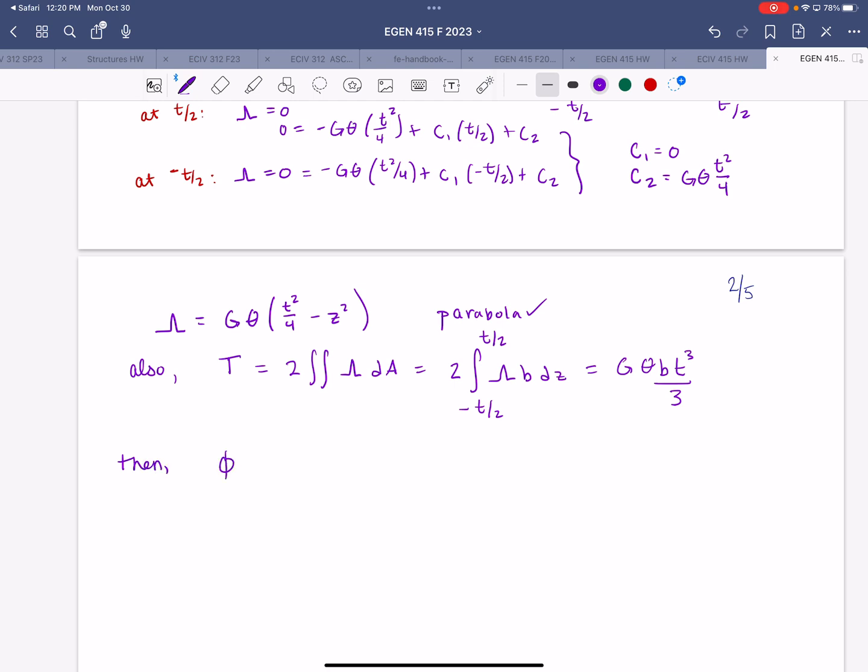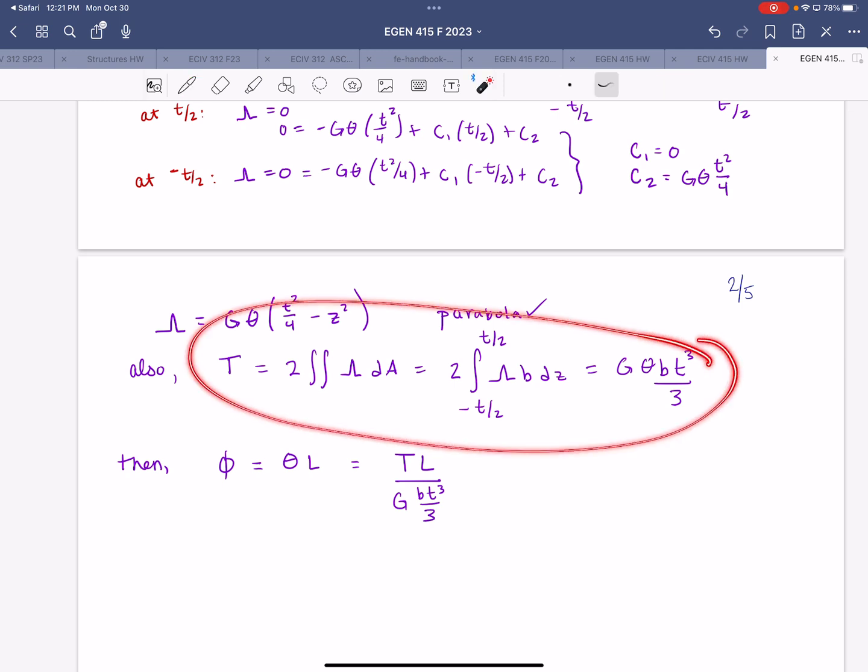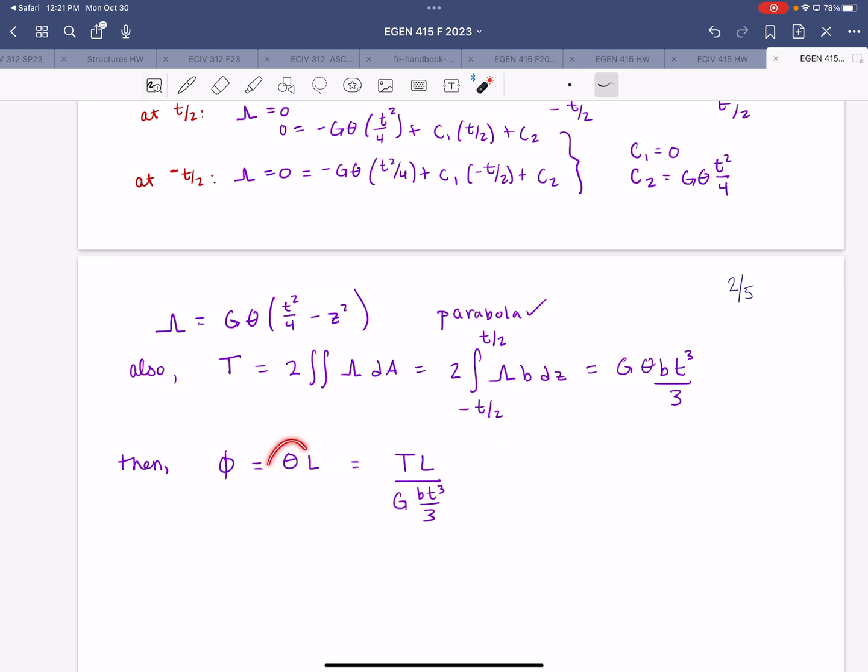So then we can relate our total angle of twist phi to the torque. So phi is equal to the twist rate theta times the total length L, and that's equal to TL over G times b t cubed over 3. So that's essentially just solving this relationship for theta and plugging that in to this equation here.